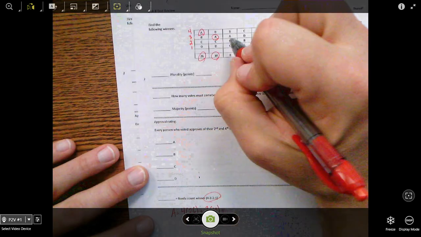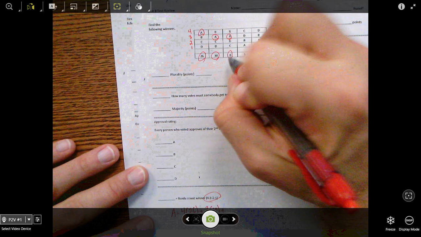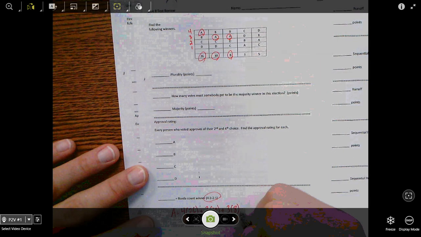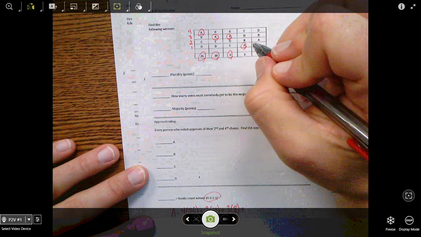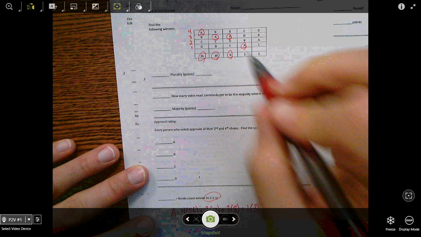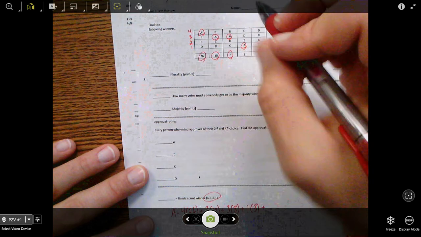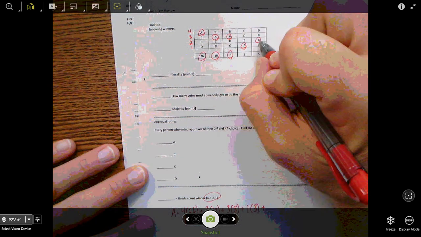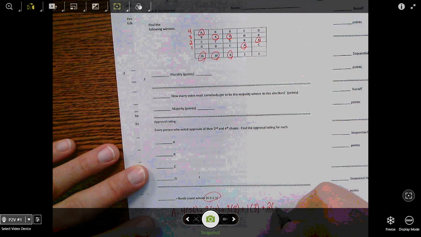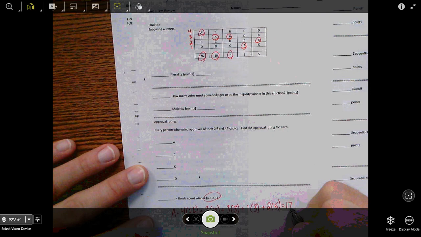Plus, A came in second place, which is a 3-pointer times 8. 3 times 8. Plus, A came in last place, which is a 1-pointer times 3. 1 times 3. Plus, lastly, A came in third place, which is a 2-pointer times 5. That's 2 times 5. And I get 171.